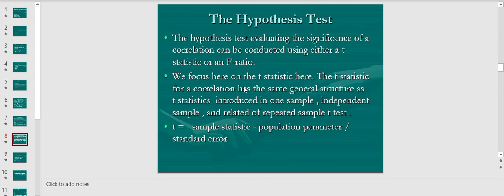So we focus here on the t statistic. The t statistic for the correlation has the same general structure as the t statistics introduced in the one sample, independent sample, or related repeated sample t-test. The t statistic is equal to the sample statistic minus the population parameter, divided by the standard error.